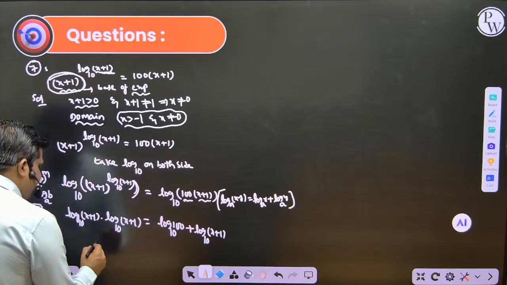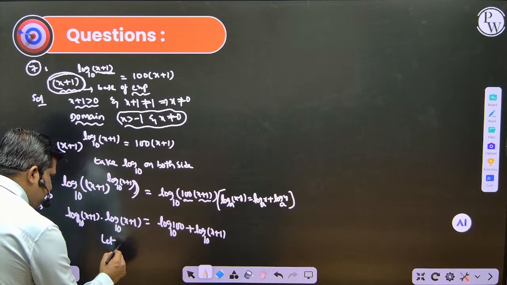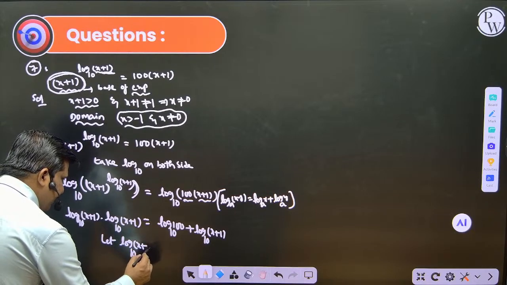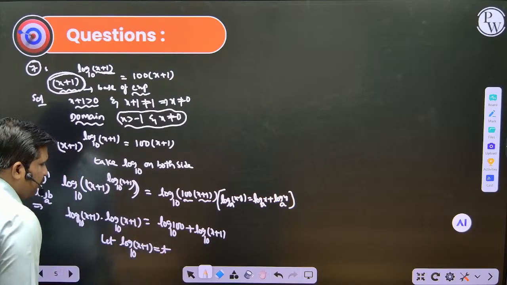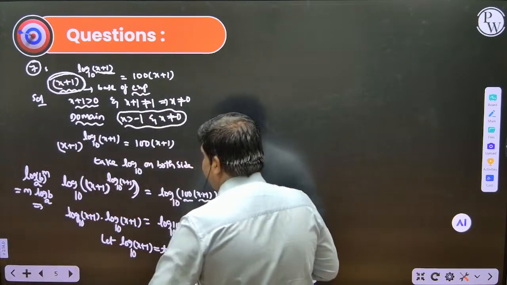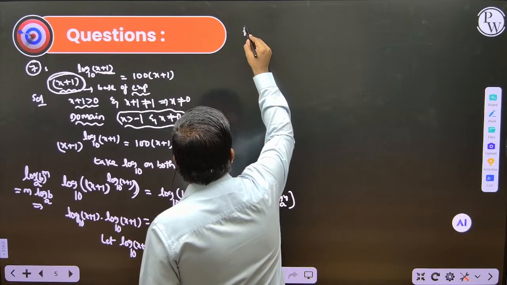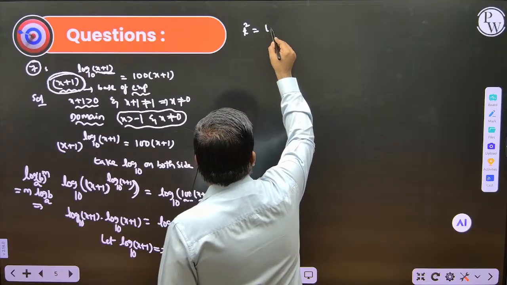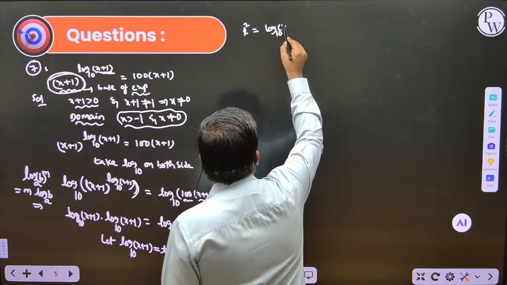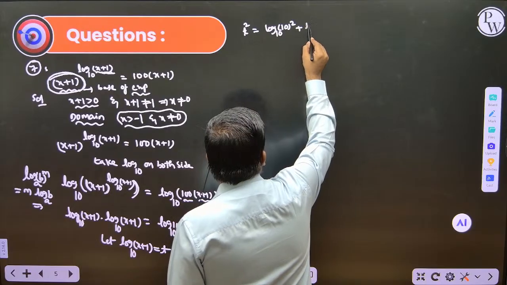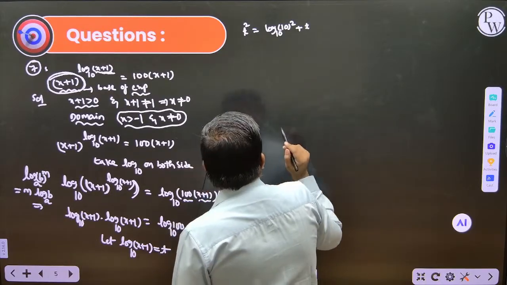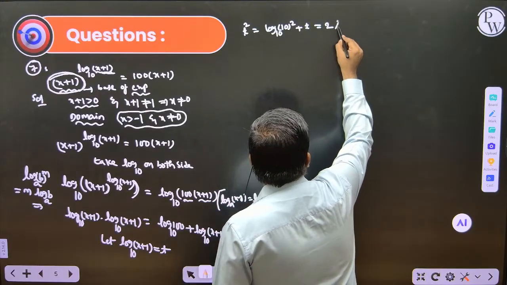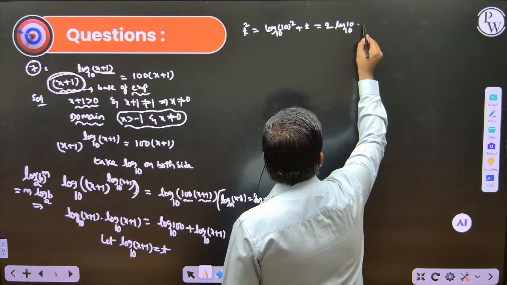For our convenience, let log base 10 of the number x plus 1 be t. Then it becomes t square is equal to log base 10 of 100 plus t. So it is also equal to 2 into log base 10 of 10 plus t.